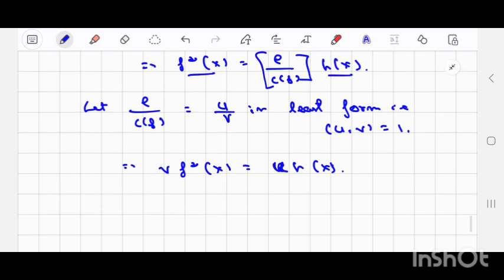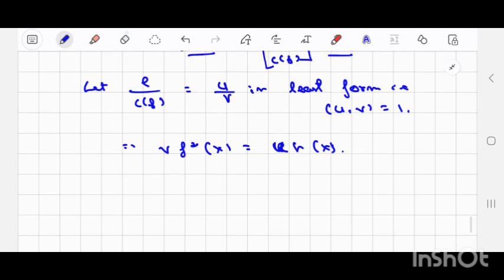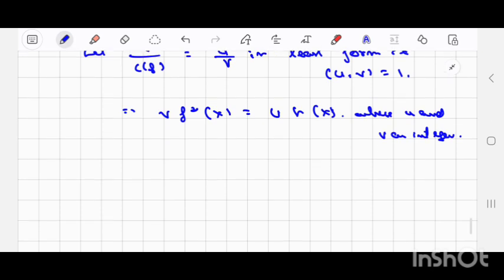Actually, these are integers, right? Because if I have calculated the least form, then u and v become integers. Right. Okay. So now we compare the coefficients on either side.